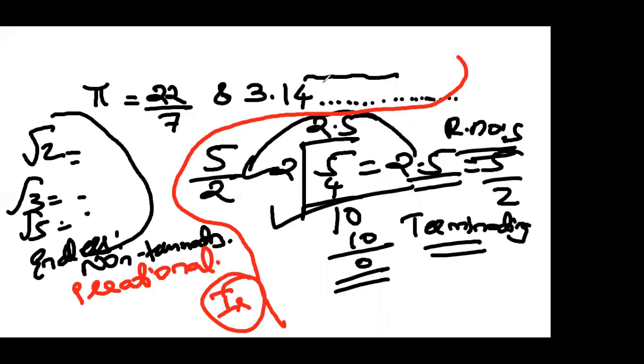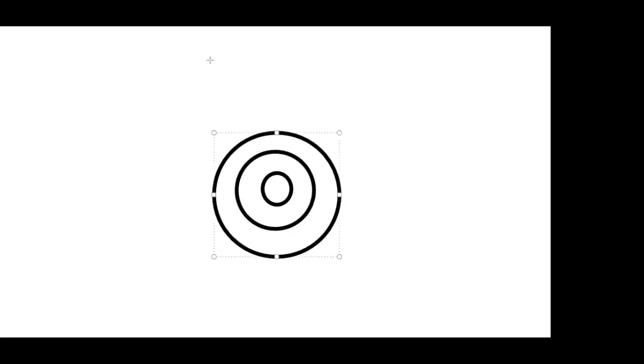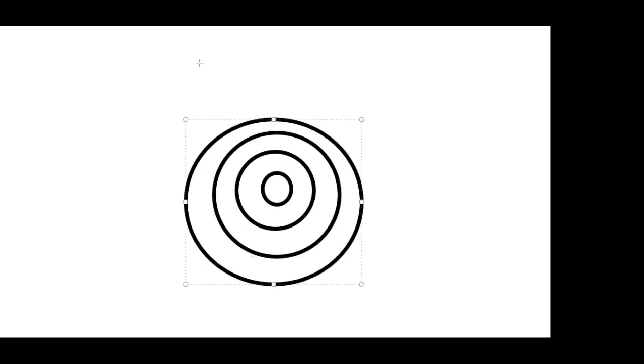So we can have one more review of all those things which we have studied. First we studied natural numbers, then whole numbers, then integers, then rational numbers.